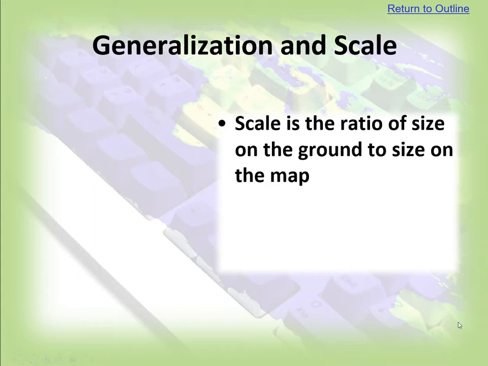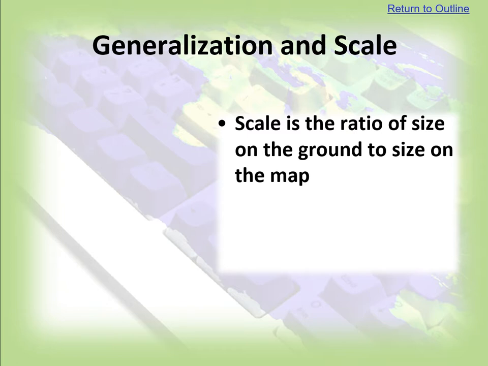Because we're dealing with symbols, we have to be concerned about generalization and we have to be concerned about scale. We talk about that in remote sensing as well, so if you haven't taken that course, that's okay.